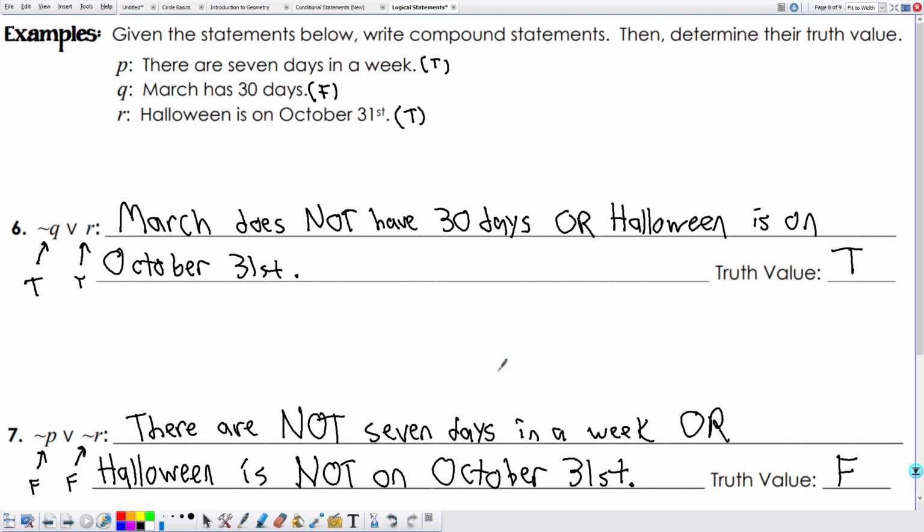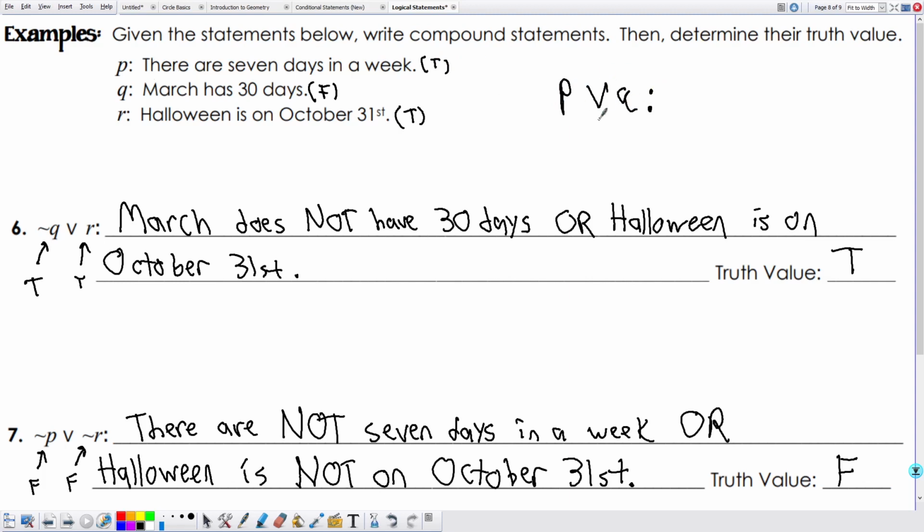One other thing I would like to note, since I didn't really get to it in this video, is in an or statement, at least one statement has to be true for the entire disjunction to be true. So one last case I'd like to show is, what if we had P or Q? What would that truth value be? Well, P is true.